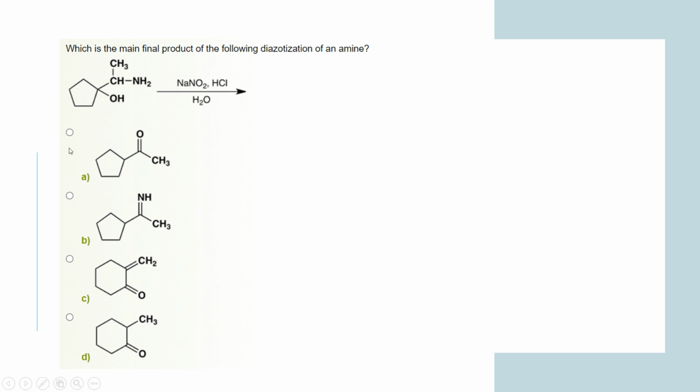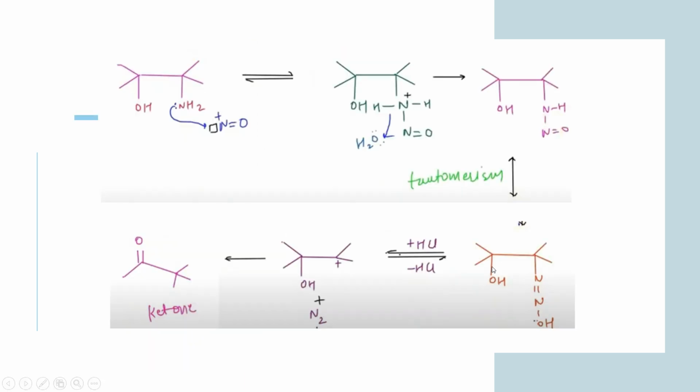So out of these four options, option D is matching with the product that we are predicting. Okay, you can note down this particular slide, which shows how the reaction goes from the initial amine, which is a beta hydroxyamine, to the ketone functional group.